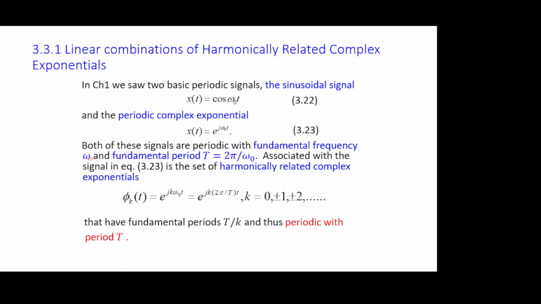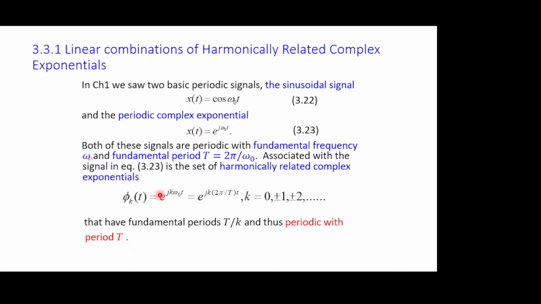And then we have a very interesting concept of harmonically related complex exponentials. There are a whole bunch of e to the j omega naught t with the omega naught relating to each other. We are abusing notation a little bit here, but then we say psi k. So a whole bunch of harmonically related complex exponentials share the same omega naught, and they are labeled by those k.